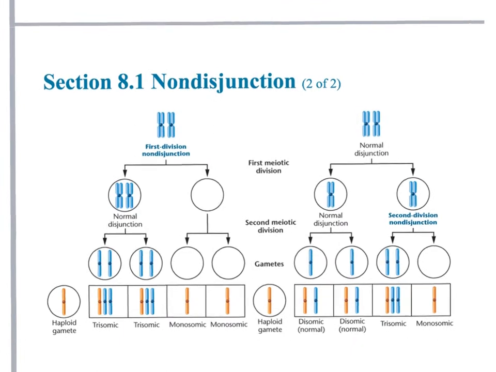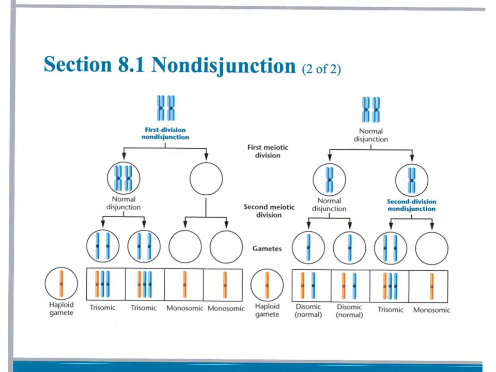So here's that chart with cell division, and we can see what's happening with normal disjunction and non-disjunction. In the first division, if non-disjunction happens, we have your chromosome pair right up here, and one should go each way, and then each pair separates. But here the failure to segregate happens right off the bat, so nothing's coming down this lineage, and you wind up with trisomy here, and then a haploid gamete over here.